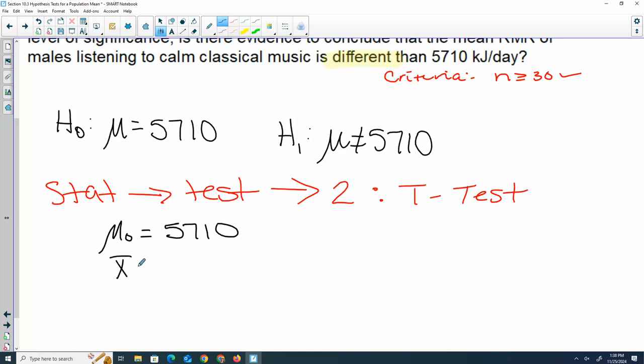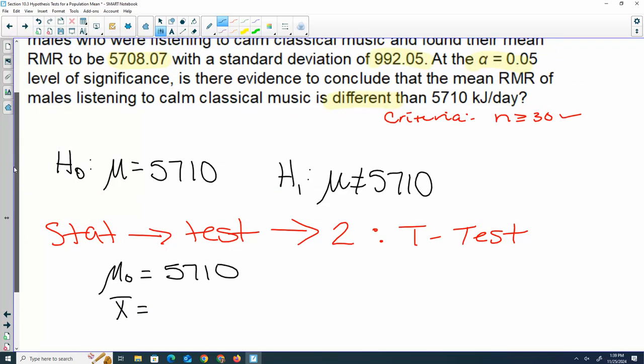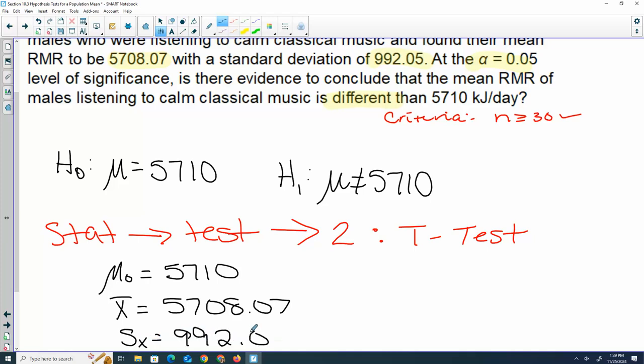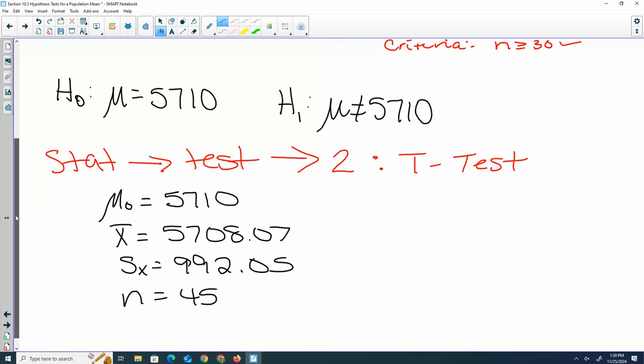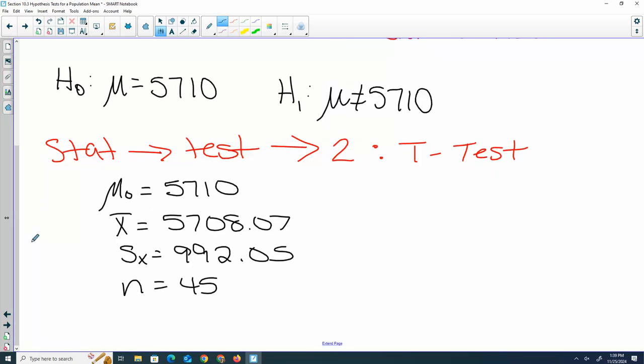X bar is the mean of our sample, 5708.07. S sub x is the standard deviation of our sample, which is 992.05. N is the size of our sample, which was 45. Then we have to pick what we're testing, which is not equal.